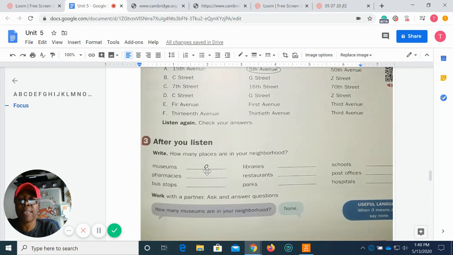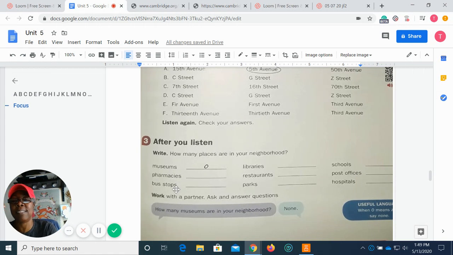I also want to point this out. You notice right here they have 0. And first, what I want to say is all of the places have an S on the end. Because if you have more than one of these places in your neighborhood, you will want to have a plural.